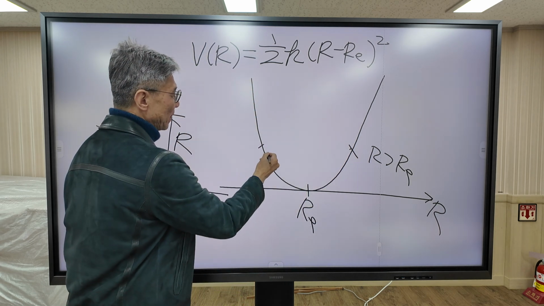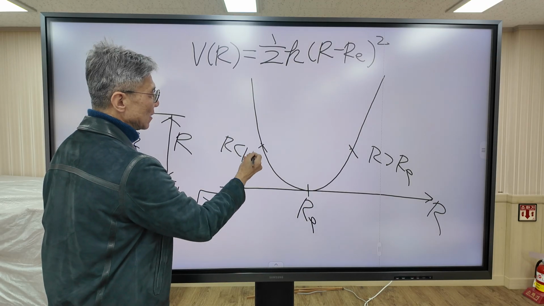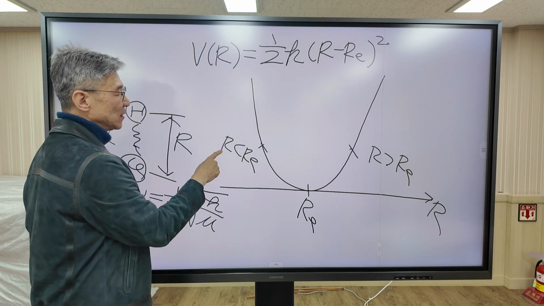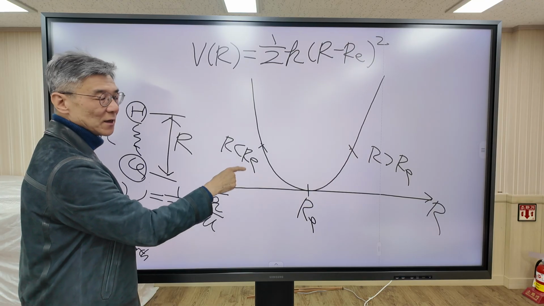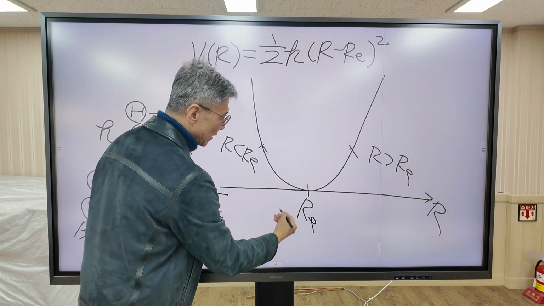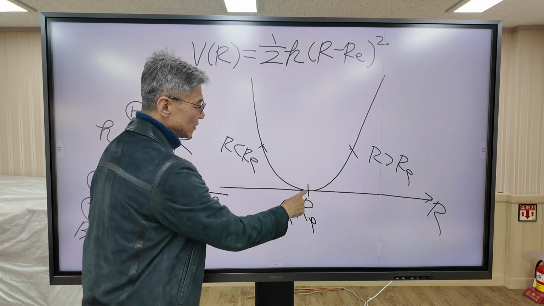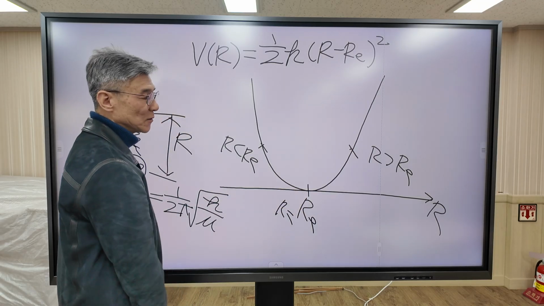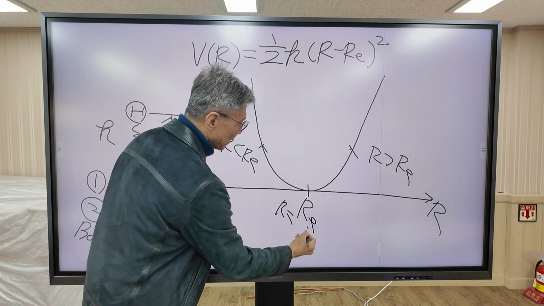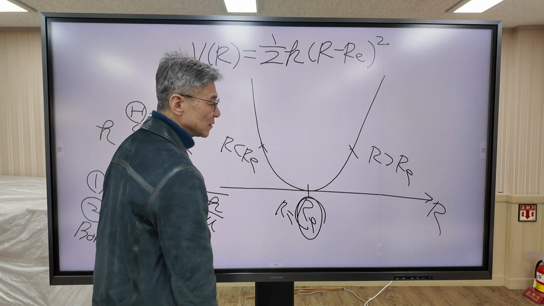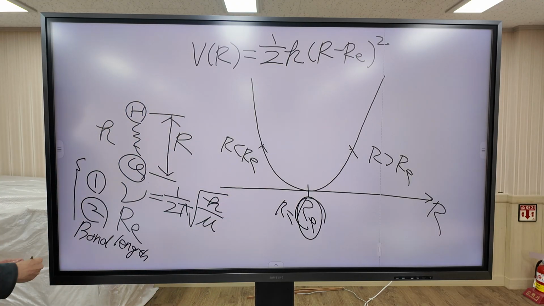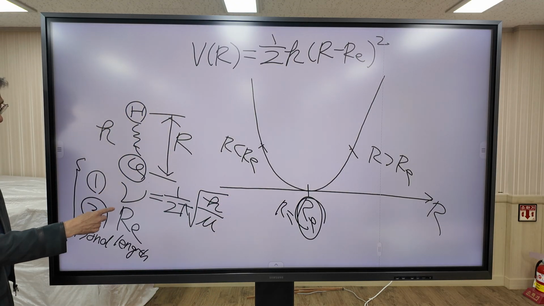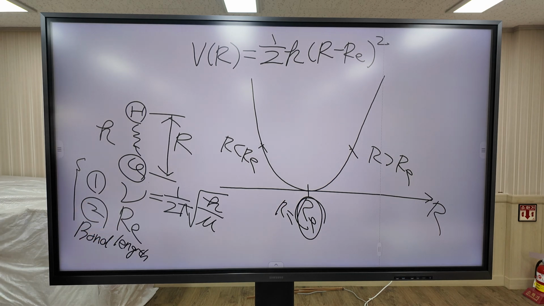When r is smaller than Re, the molecule feels repulsive force, so the molecule tries to expand. When r equals Re, it is at equilibrium. It is stabilized. So we can define bond length Re. With this potential energy curve, we can characterize the vibrational frequency and bond length of the molecule.